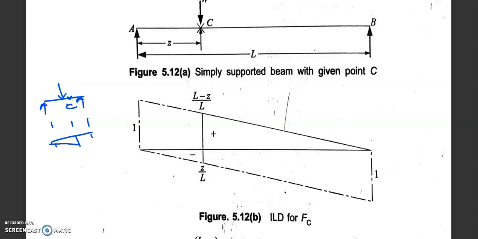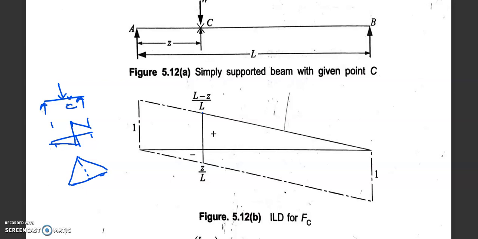We know the equation of the same, Z by L and L minus Z by L. Also, we know the bending moment diagram, right? L minus Z by L. So this is how we calculate. And for this value to be maximum, the load should be on the section. Now you get Z by L and L minus Z by L.